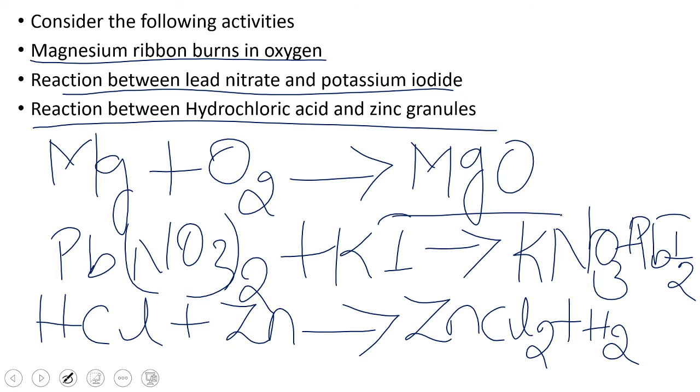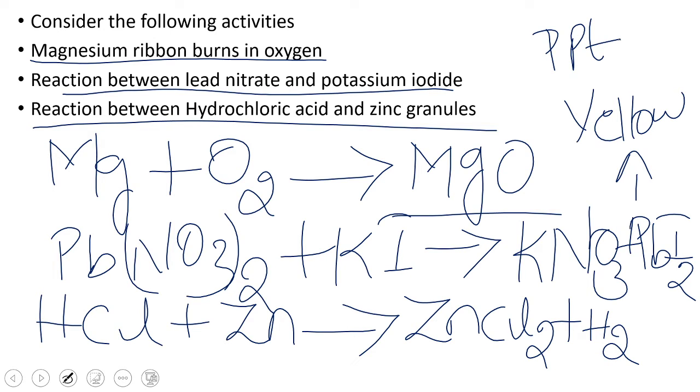And lead nitrate reacts with potassium iodide to give rise to potassium nitrate and lead iodide. Here lead iodide is a yellow color substance and it's a precipitate. In general, precipitate can be written as PPT, right? So what does precipitate mean? An insoluble substance formed during a chemical reaction is known as a precipitate. The precipitate will settle at the bottom of the test tube.